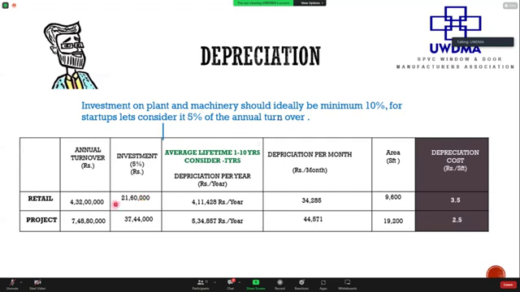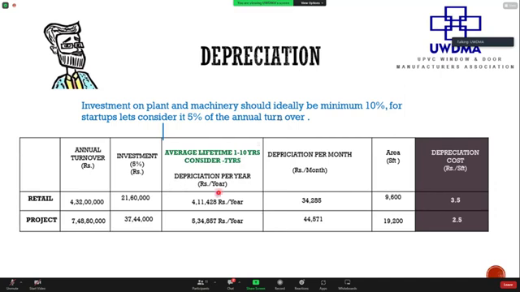So if our annual turnover is 4 crores 32 lakhs, then our investment in plant and machinery is coming to around 21 lakh 60,000. And then we are considering that the average life of machinery is 1 to 10 years, but we are taking it as 7 years.